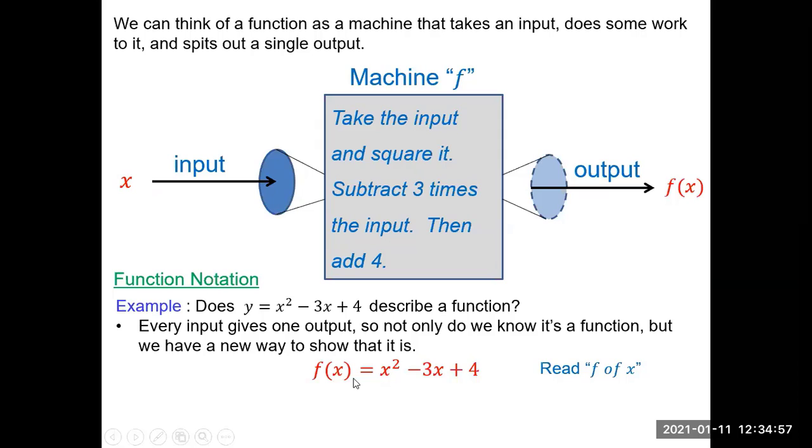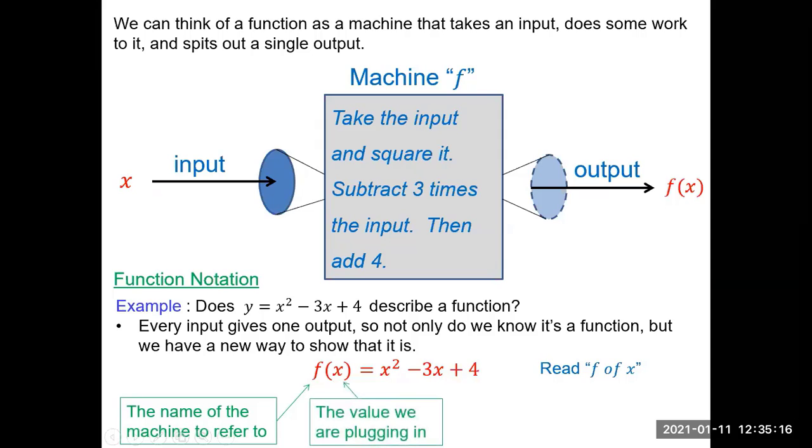But it also has a few different benefits to put it in this notation. One benefit is that it's now naming this particular function rule. It's now naming the rule that says to square an input, subtract 3 times an input, and add 4. Not only that, it tells us the value that we're plugging in.